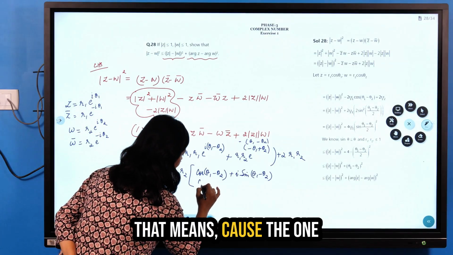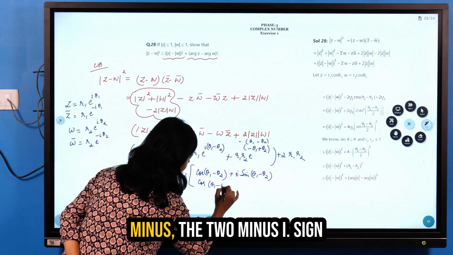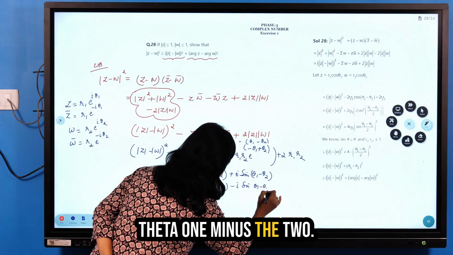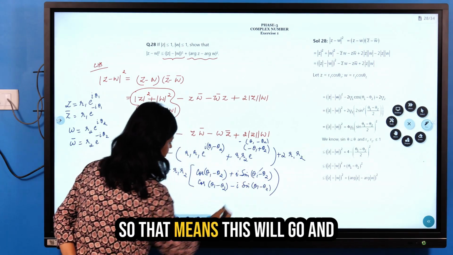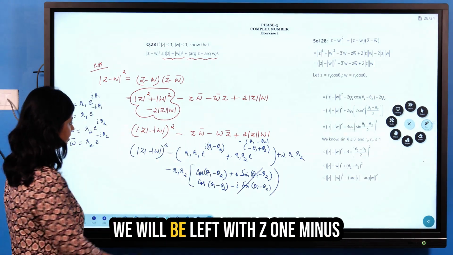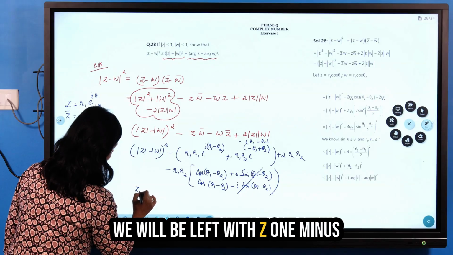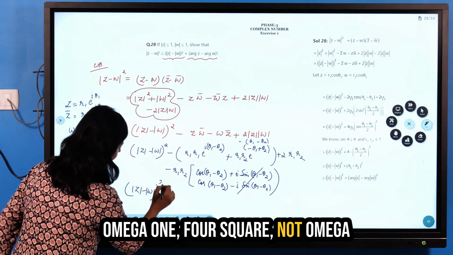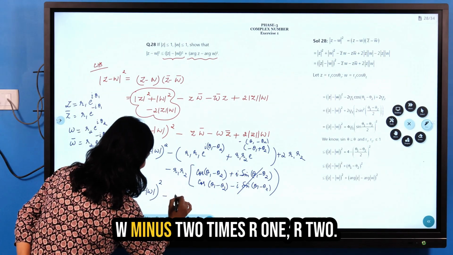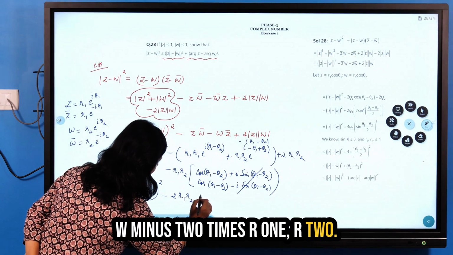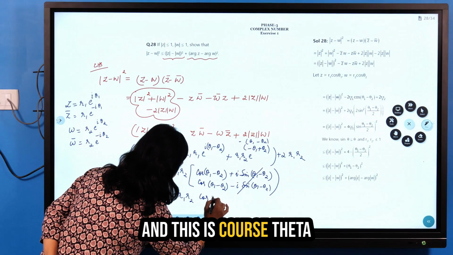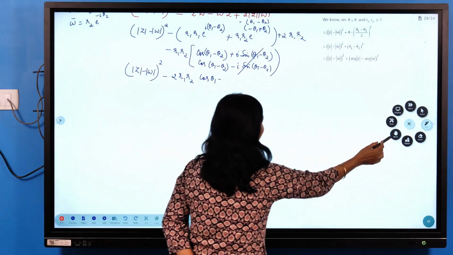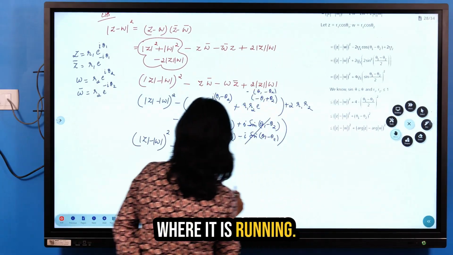That means cos theta 1 minus theta 2 minus i sin theta 1 minus theta 2. So that means the sine parts will cancel and we will be left with mod z minus w whole square, minus 2 times r1 r2 cos theta 1 minus theta 2, plus 2 r1 r2.